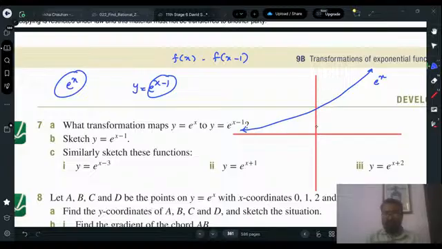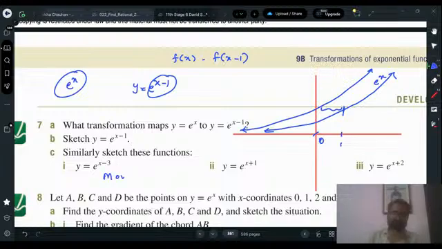Okay. If this is 1, now here it is 0, it is 1. So it moves to the right, 1 unit right. Moves 1 unit right. So what about this?